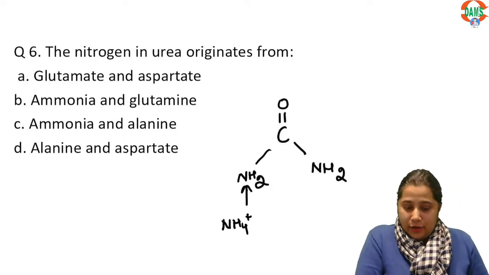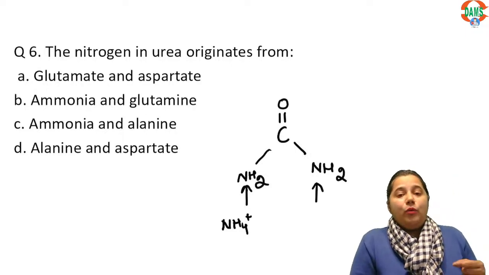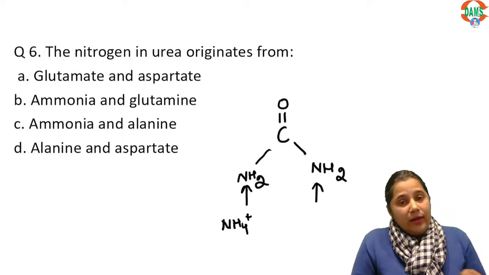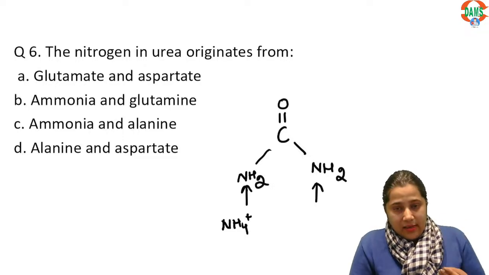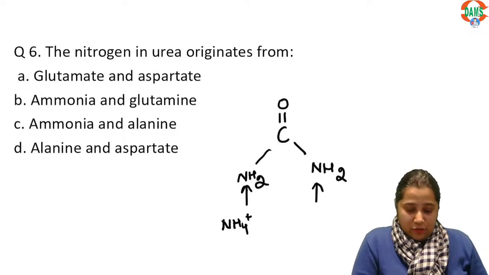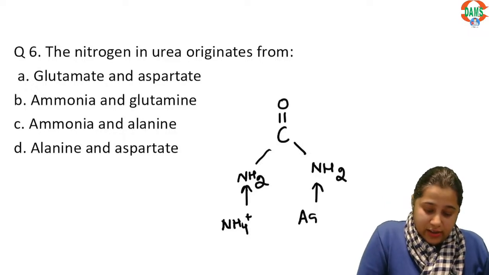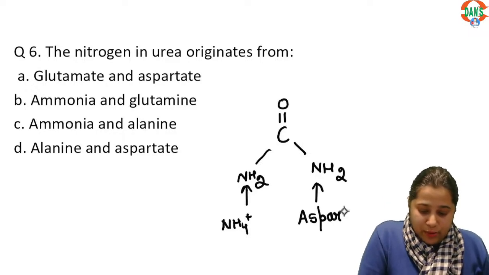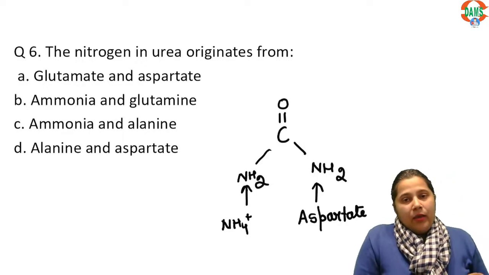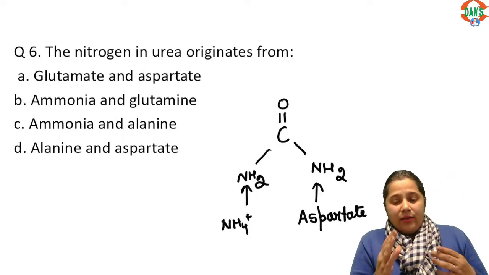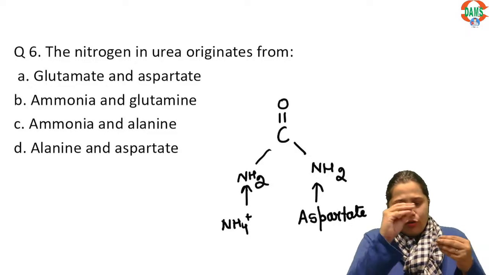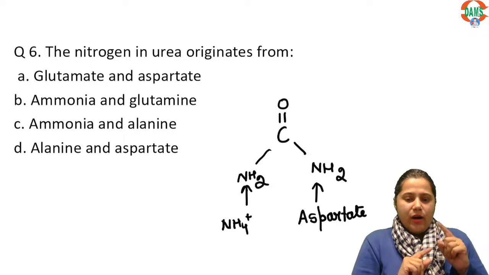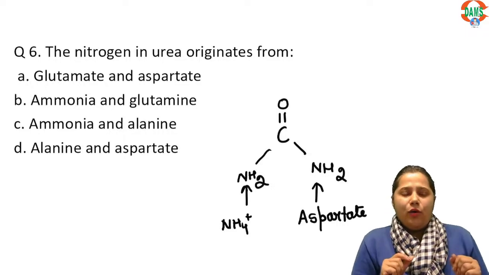And the second nitrogen comes by the incorporation by the third enzyme, that is argininosuccinate synthetase, which is incorporating aspartate. These have been found by radiolabeled assays. They have found where the first nitrogen is, how it is getting incorporated, and how the second nitrogen is getting incorporated.